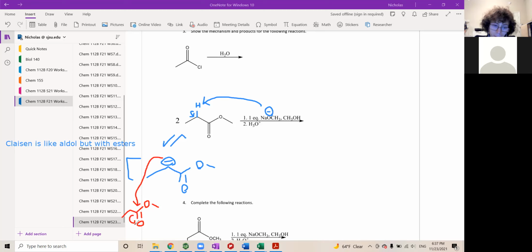And then you push the carbonyl bond up towards the carbonyl oxygen. At this point, though, it will diverge a bit from the aldol mechanism. So we're forming a new bond here, the alpha position. We have an alkoxide. And we have our methoxy group. And those are the 2 carbons.